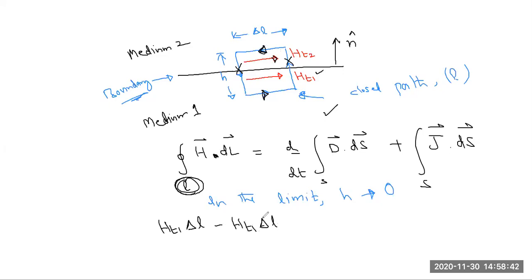So this integral in the limit gets reduced to this. And what is going to happen to the two terms on the right hand side? The first term is the mathematical representation of the rate of change of electric flux passing through the surface that is formed by this closed path.